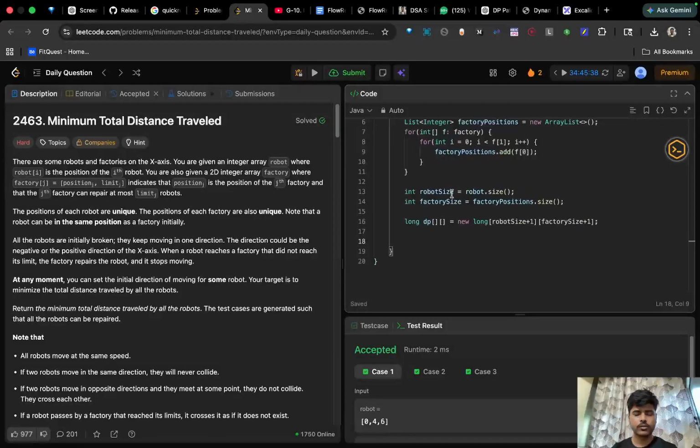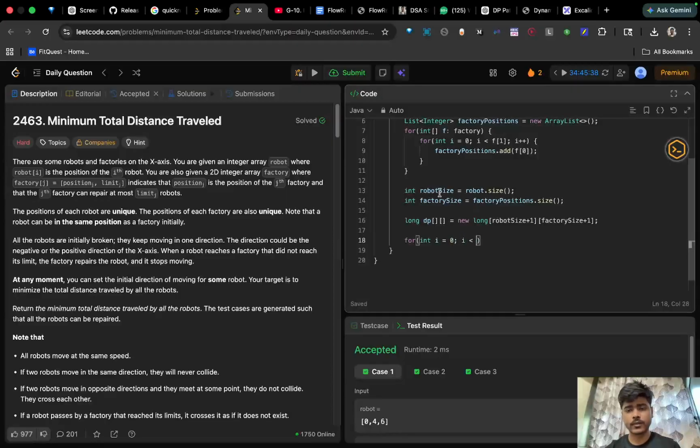To fill that base state, I'm going to write for int i equal 0, i smaller than robotSize, i plus plus, dp[i][factorySize], the case when there are no factories left, my answer is going to be infinity.